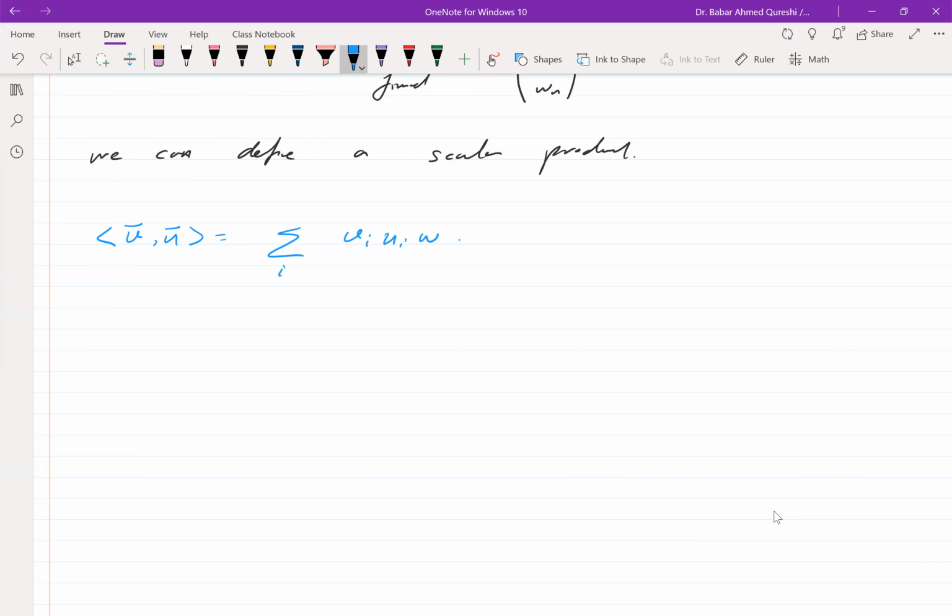But now you can include this fixed vector over here, the components of this fixed vector. So this is called the weight. And for each fixed vector, you are defining a new scalar product. So you have an infinite number of different scalar products. All you have to do is check, is this an inner product?